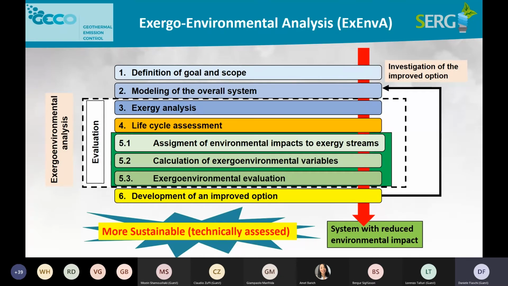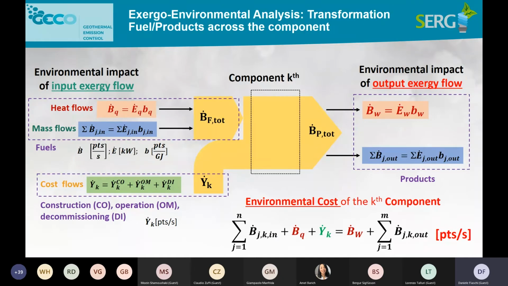Similarly to the Exergo-Economic approach, the core step of the analysis is the Exergo-Environmental balance of the components, where the environmental impact costs, B, replace the economic costs for flows, for example mass and heat.